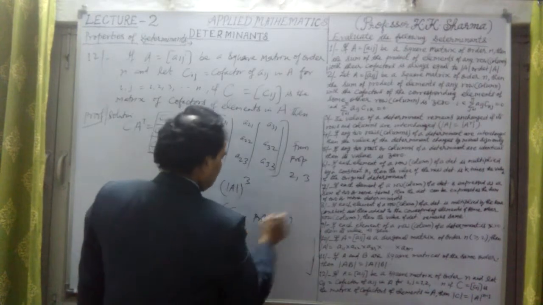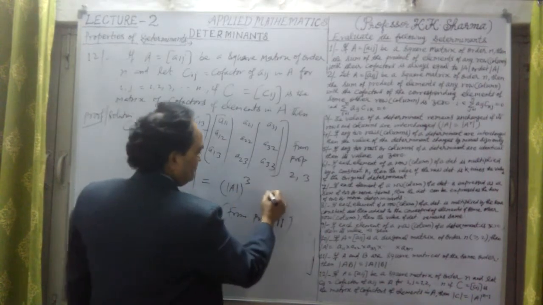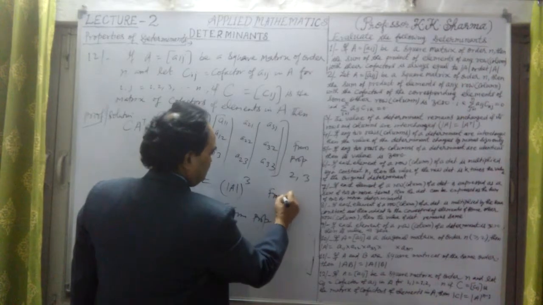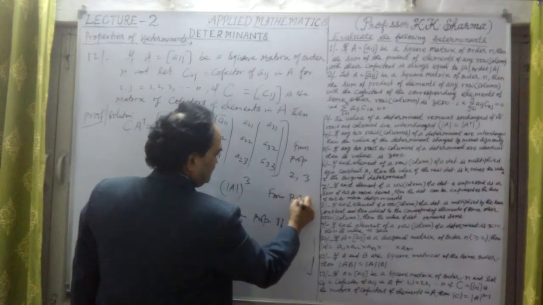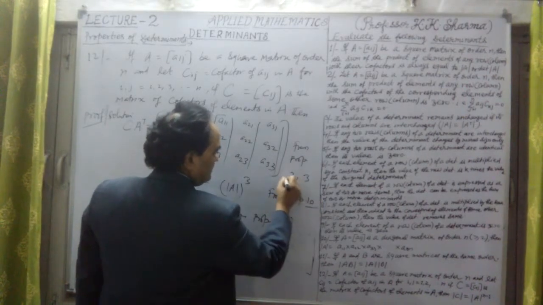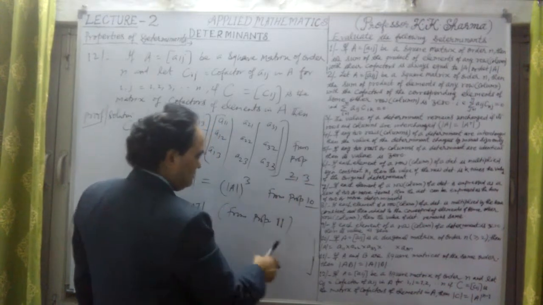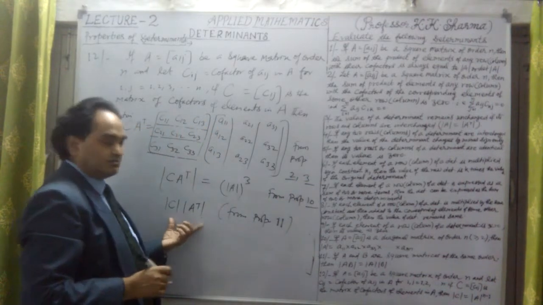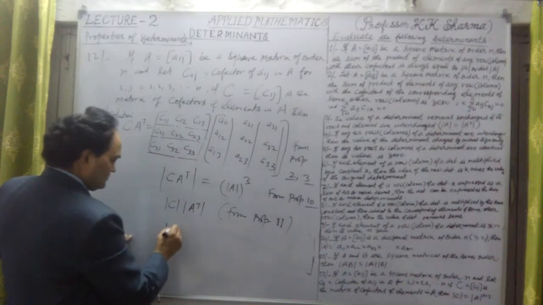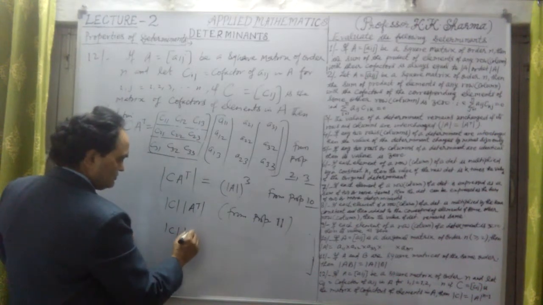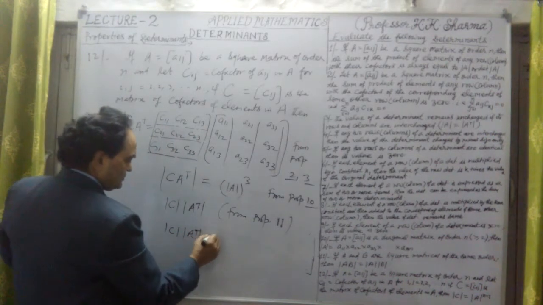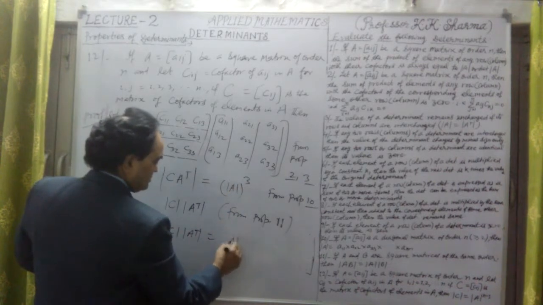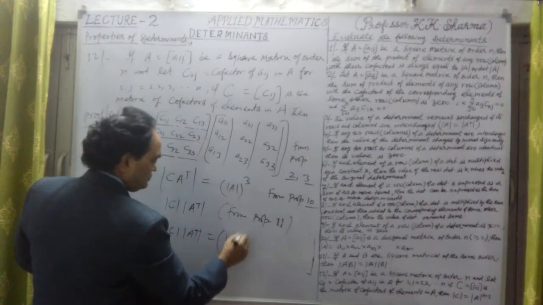This multiplied is from property number 10. So the determinant of C into the determinant of A transpose is equal to determinant of A whole cube.